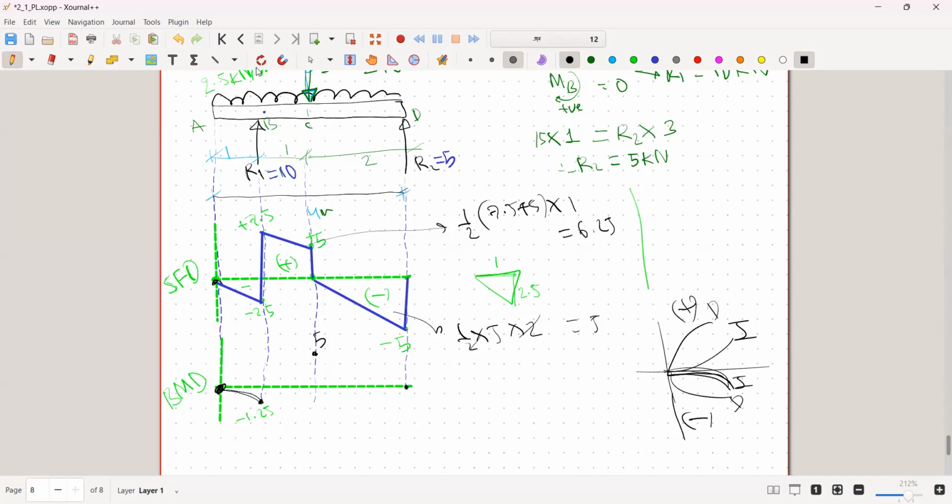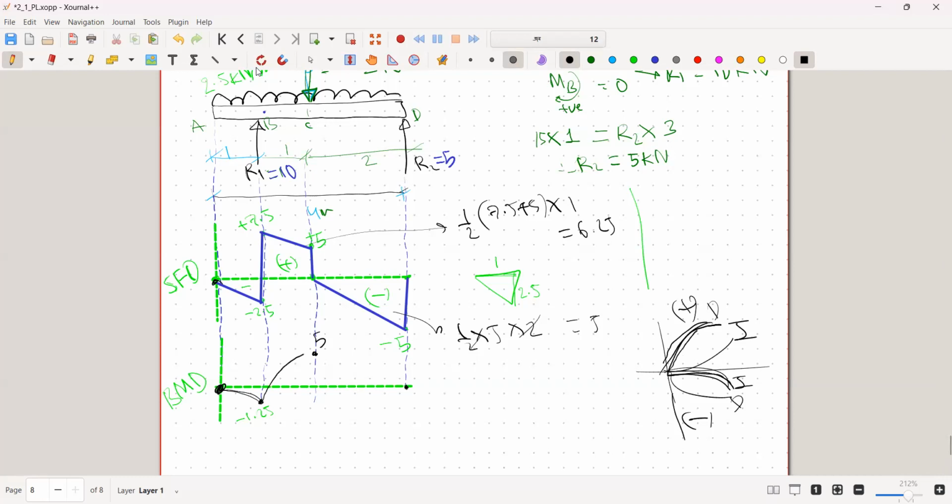And from this you can see the value is increasing. The value is decreasing, but it is on the positive side. So positive increasing, positive decreasing, positive decreasing.